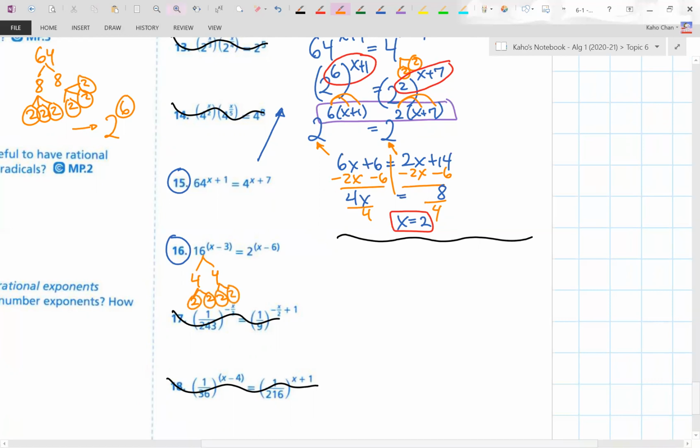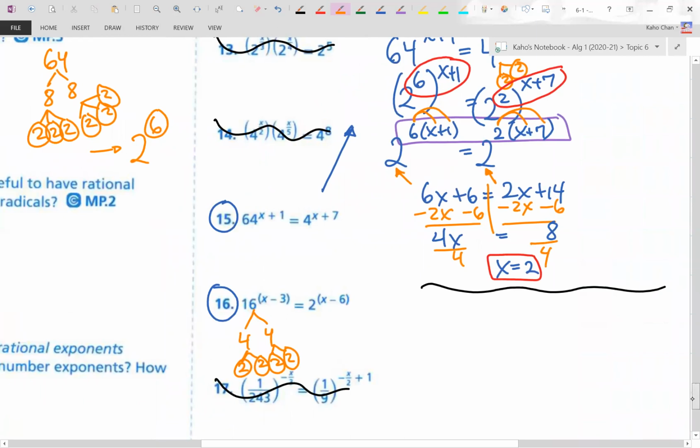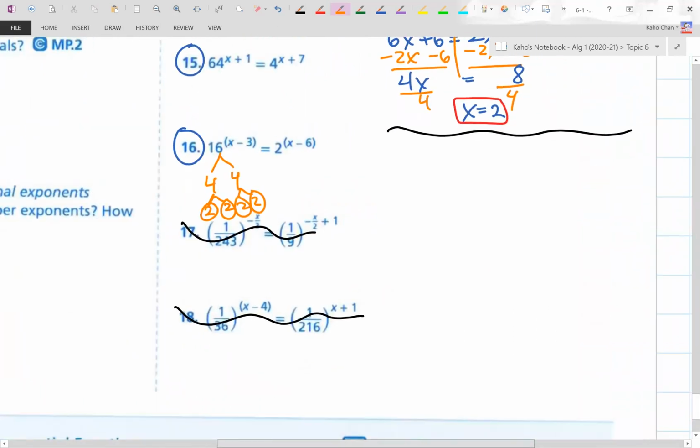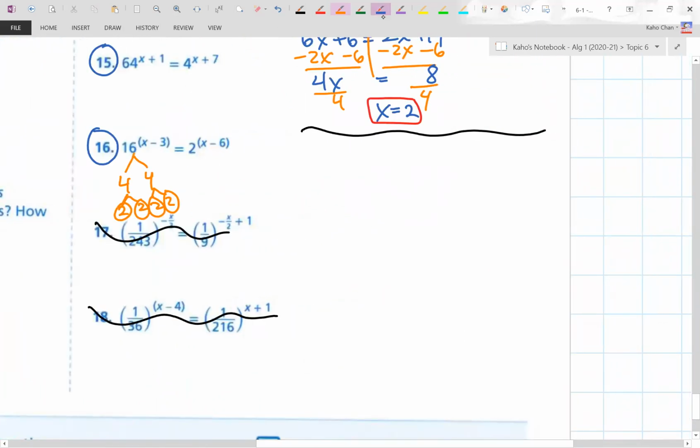So yay. Zoom in a little more so you can see things a little better. 16 is 2 to the 4th power. Okay. To the x minus 3 equals 2 to the x minus 6. I do need to apply the power of a power rule right there. Multiply those.